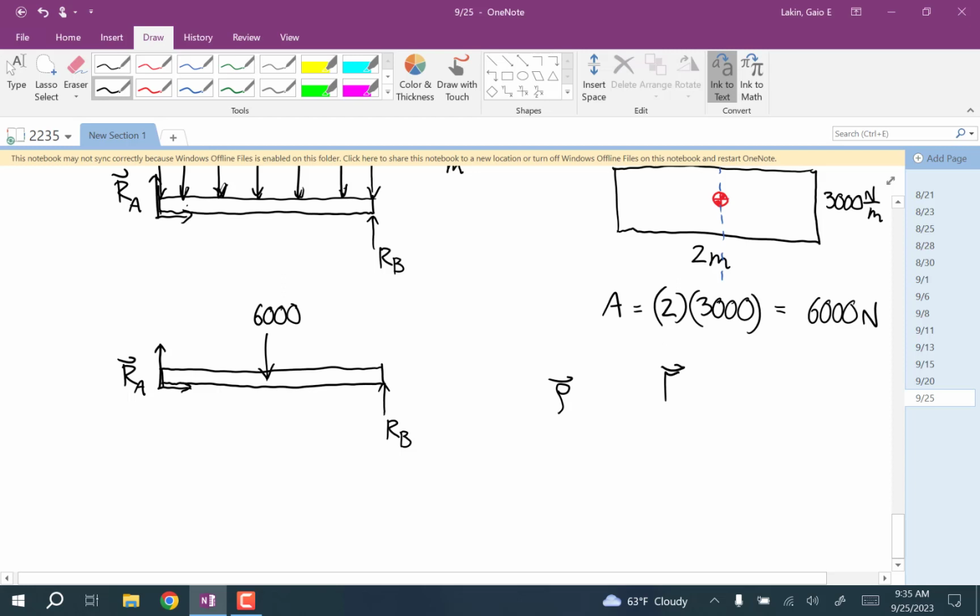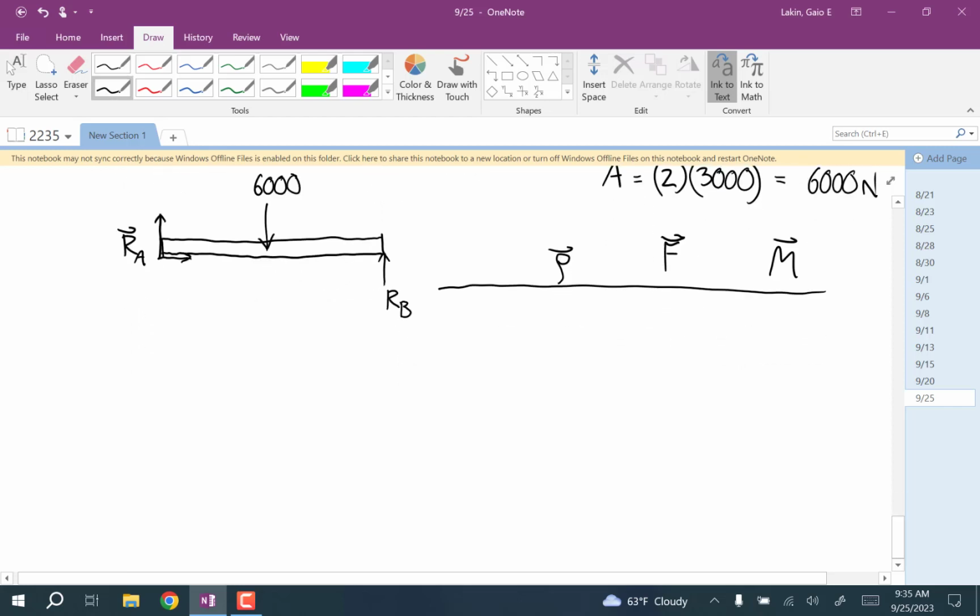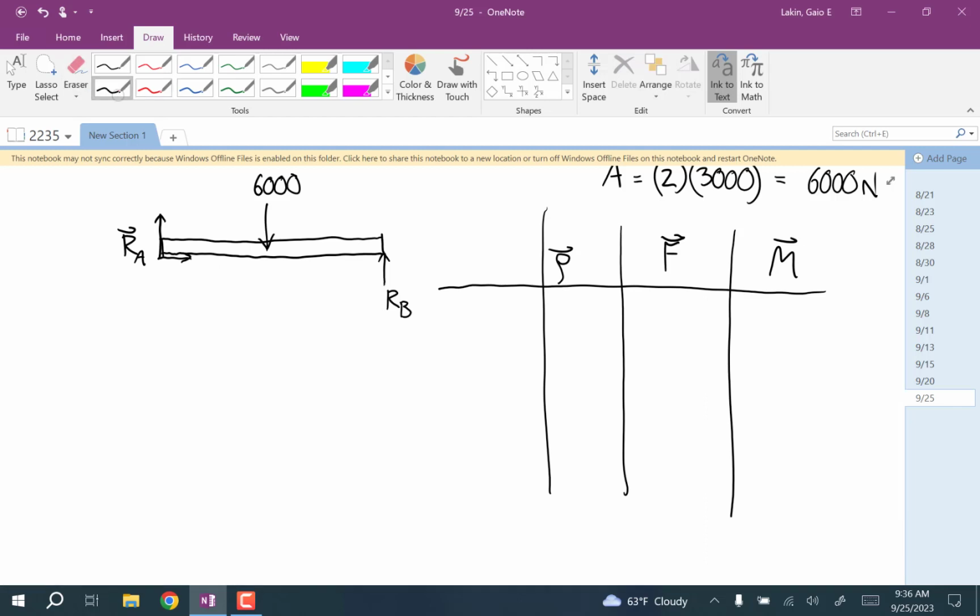I'll show you a quicker way to do this for beams pretty soon, but remember that we're just doing a rigid body calculation, so you always can write out the whole table and do it like this. So if my about point is here, RA has a row vector of 0.